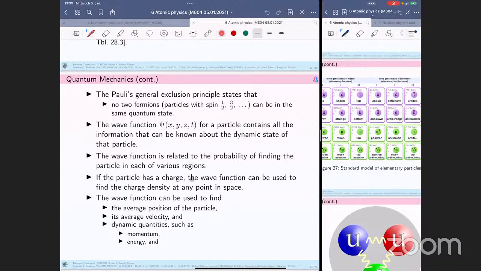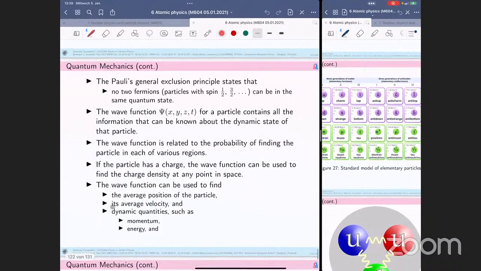So the way to tell the location is to use a probability function, and the wave function is actually related to the probability of finding the particle in its various regions. And if the particle has a charge, the wave function can also be used to find the charge of that particle at any point in space. The wave function can be used for other purposes too.